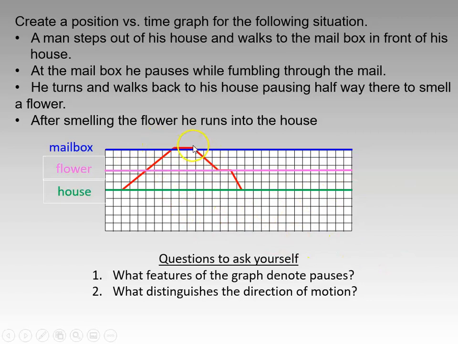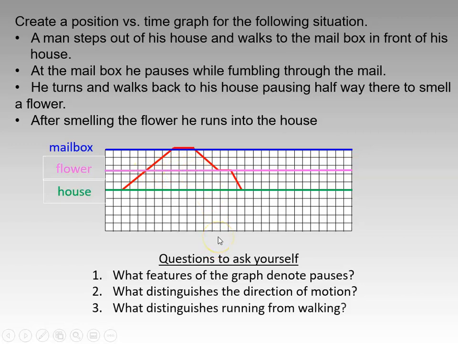Now going back toward the house, that's going to be toward the negative direction, because if the mailbox is in the positive direction, or at least more positive than the house, then walking back from the mailbox to the house means that he's going in a less positive, i.e. more negative direction. In other words, what distinguishes the direction of motion? It's the sign of the slope.